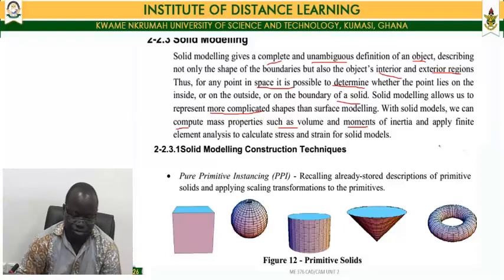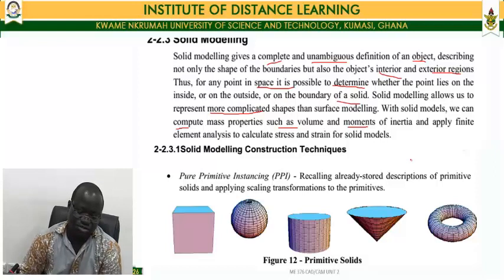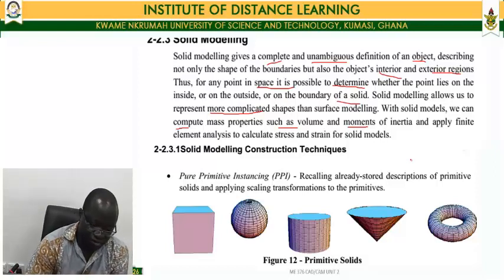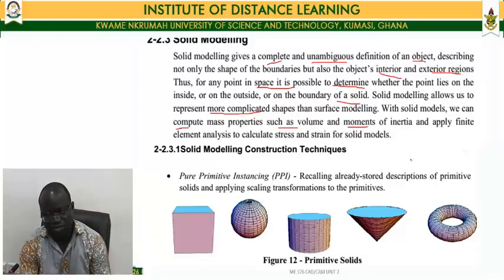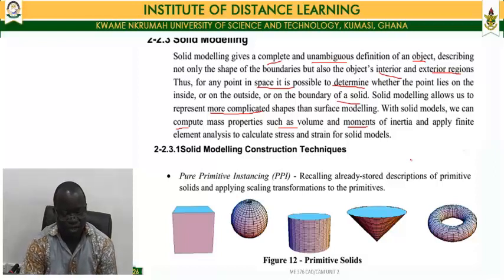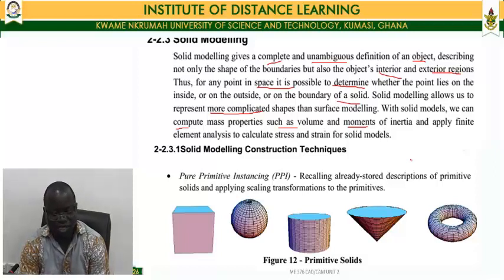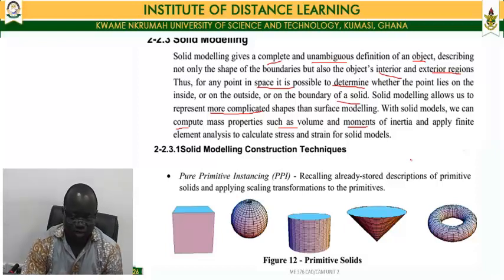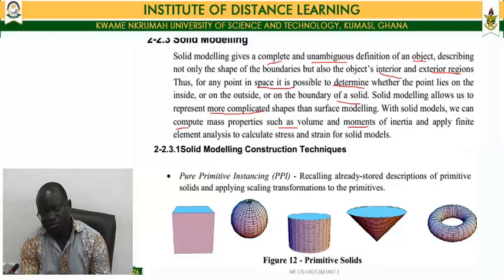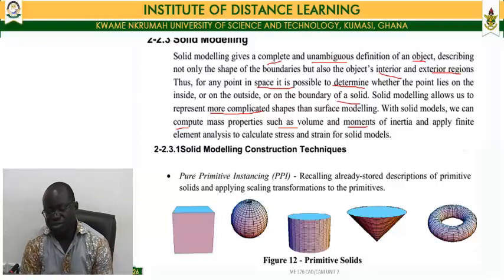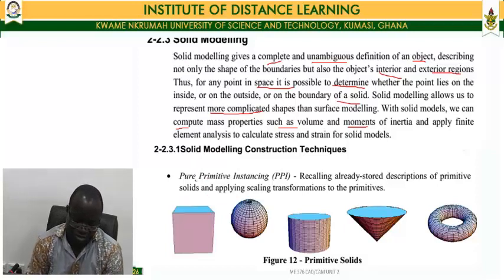Now, when it comes to the solid modeling construction techniques, we have a number of techniques that you can use to create solid models. Now, the first is to look at what we call the PPI, pure primitive instancing. To create a solid model, one of the techniques is called PPI, which is pure primitive instancing.